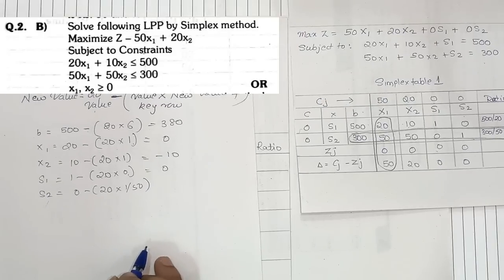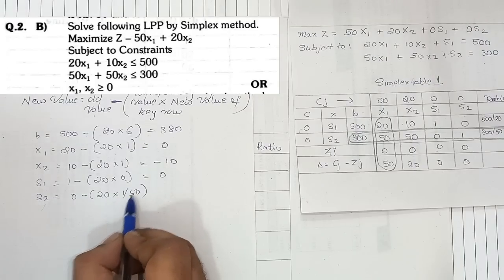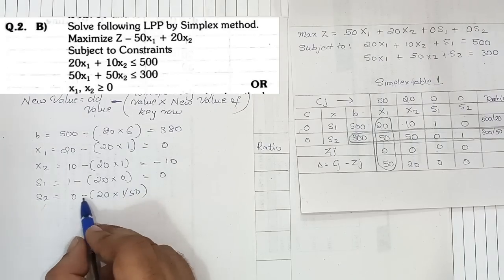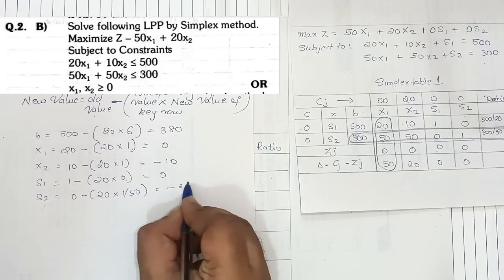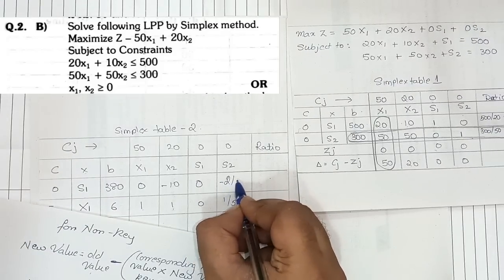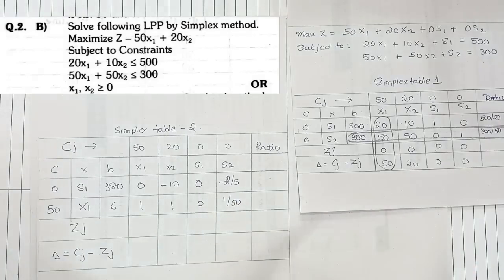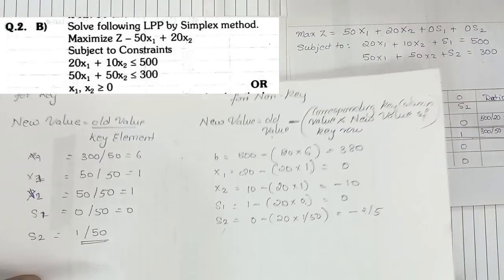So I wrote here 1 upon 50. 20 into 1 upon 50, the zeros get cut, so that's 2 upon 5. 0 minus 2 upon 5 is negative 2 upon 5. So write this as negative 2 upon 5. This is how you get those values.